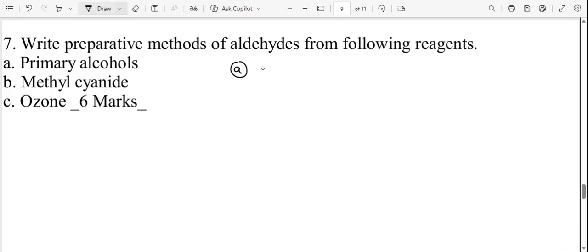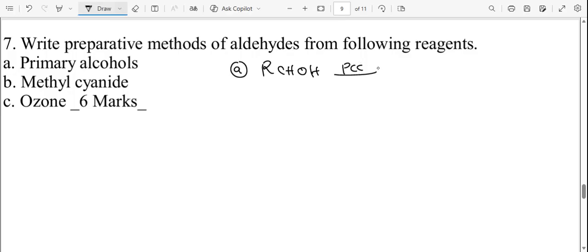So we bring this primary alcohol, let's say ethanol, and put it in oxidation with PCC.